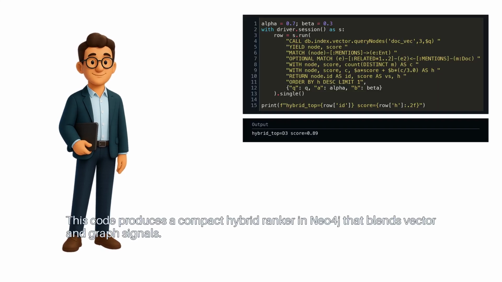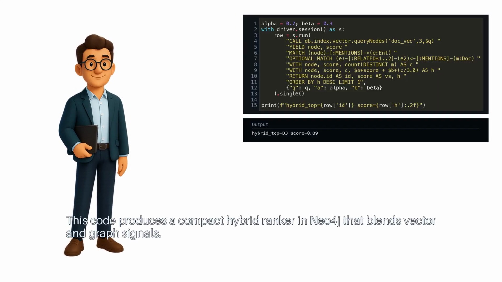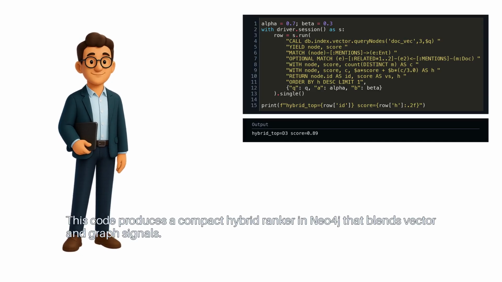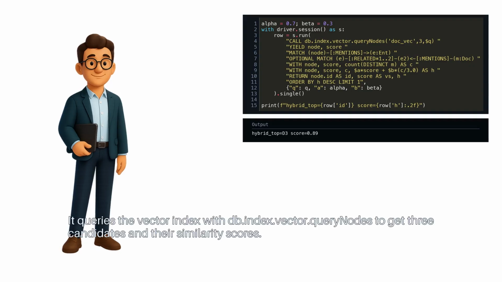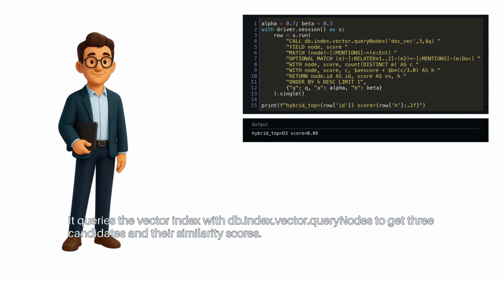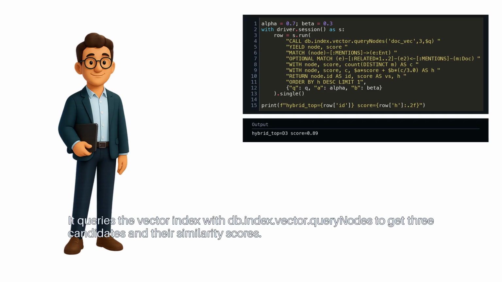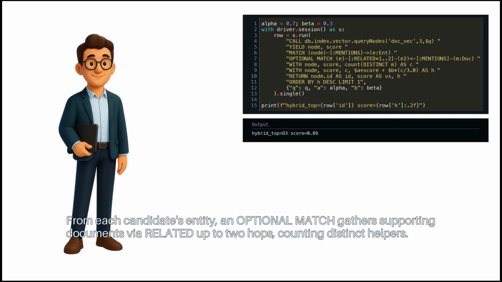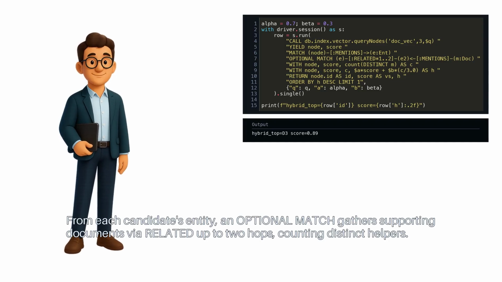This code produces a compact hybrid ranker in Neo4j that blends vector and graph signals. It queries the vector index with db.index.vector.queryNodes to get 3 candidates and their similarity scores. From each candidate's entity, an optional match gathers supporting documents via related up to 2 hops, counting distinct helpers.